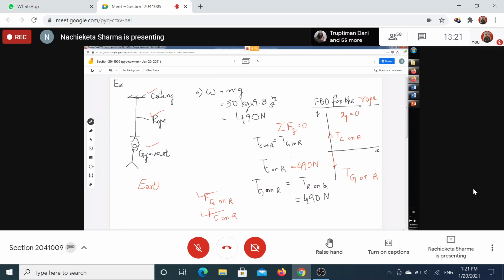Okay, and again I have to find out the tension at the top and the tension at the bottom, and let us see whether they are the same or different. So now my rope has a weight of 120 Newton.